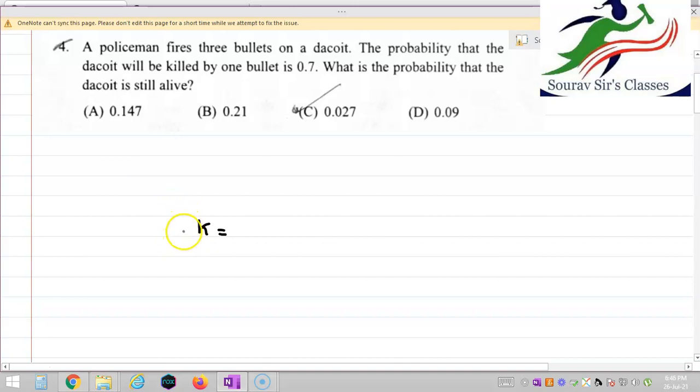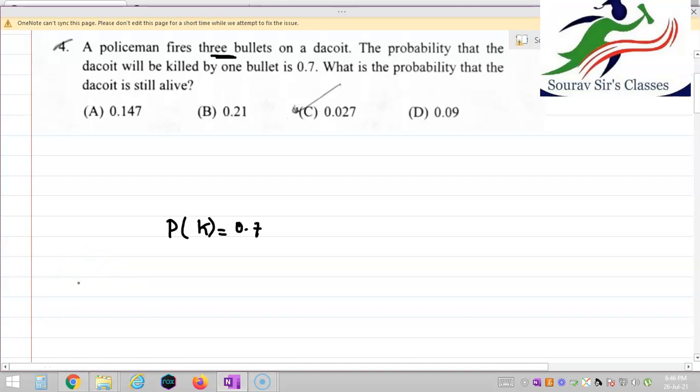So the probability of K is given as 0.7. Now the policeman fires 3 bullets, so we need to find the probability that the dacoit is still alive.